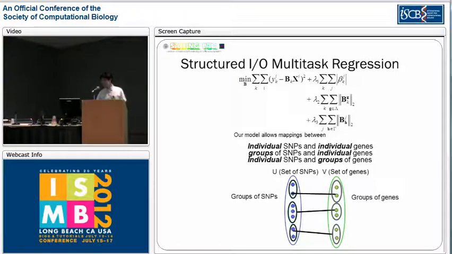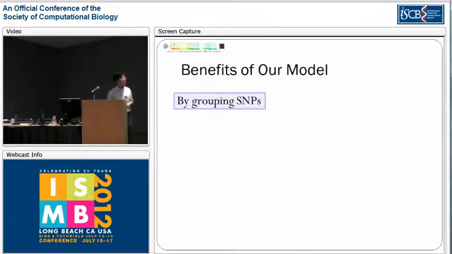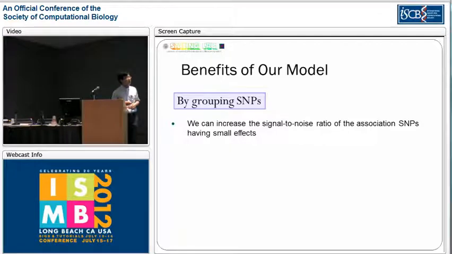Here are the benefits of our model. By grouping SNPs, we can increase the signal-to-noise ratio of associated SNPs having small effects. Let's imagine this case. Here we have a SNP with small association strength, small effects. If you just look at this association, probably it will be difficult to detect this association with small effect.